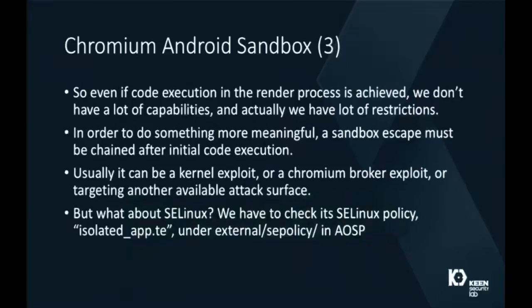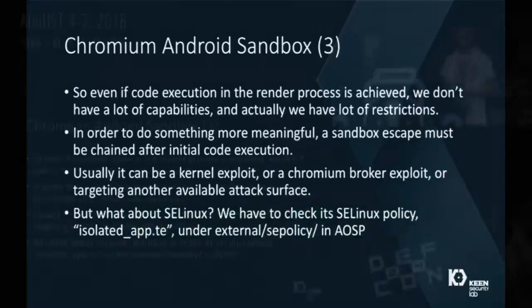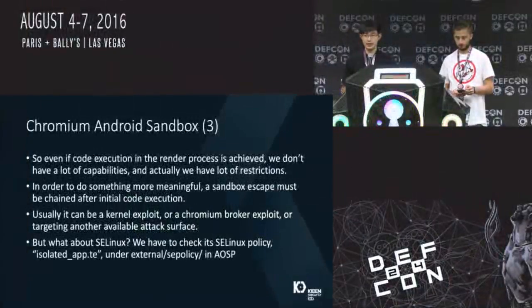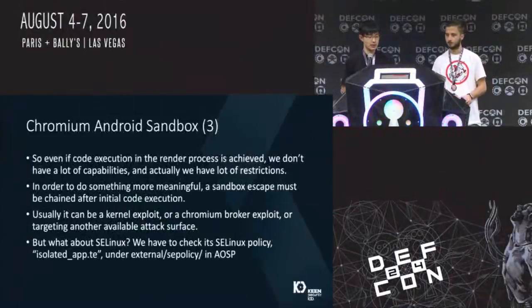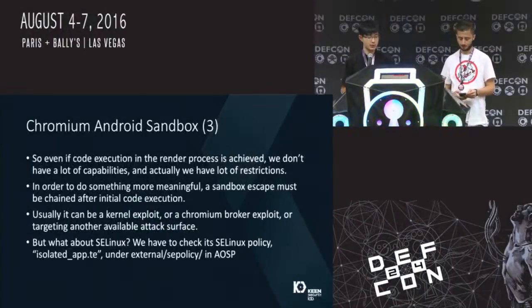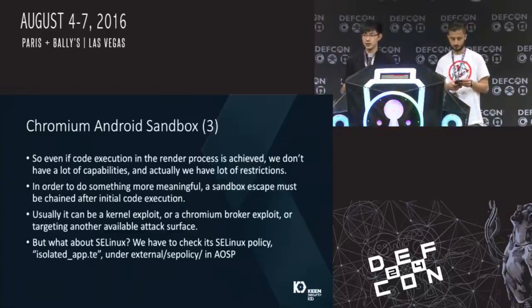So even if you get a bug in the V8 JavaScript engine, you only get code execution in this isolated process, and you need to find some way to escape the sandbox. Otherwise, you cannot read the victim's phone SMS.